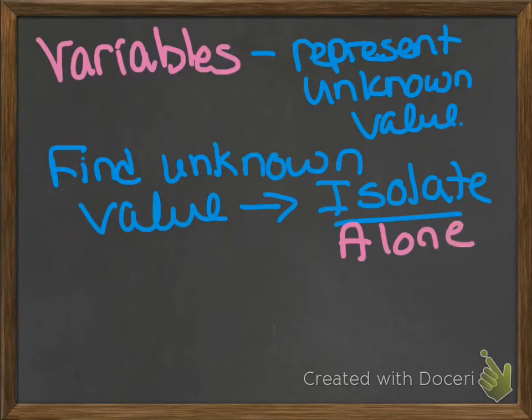Being in COVID-19, we had to go into isolation, we had to go alone. So what we're going to do in algebra is always try to find that unknown value. And to find it, you have to get the X, the variable which represents that unknown value, by itself. Then whatever it equals is that value, your solution.